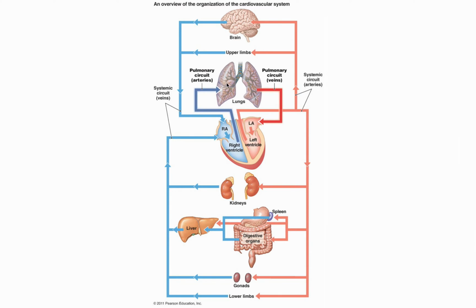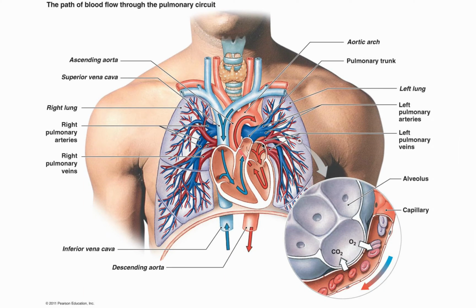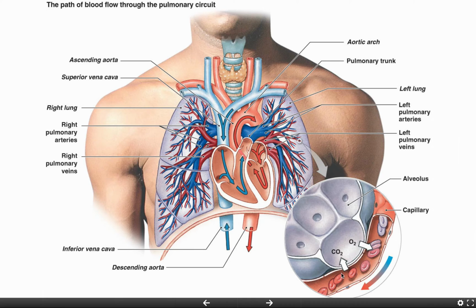Pulmonary arteries are carrying the deoxygenated blood to the lungs where it picks up oxygen. I would mention, here's again the fetal circulation blood. Pulmonary arteries take blood to the lungs where carbon dioxide leaves the blood and oxygen enters the blood.